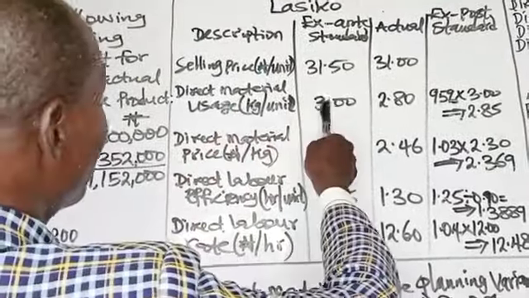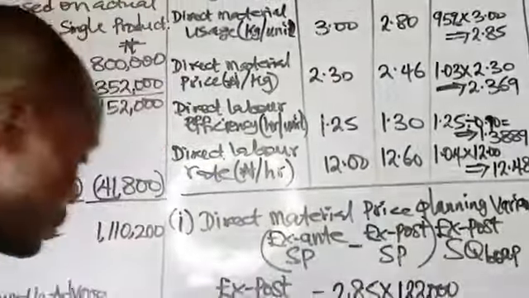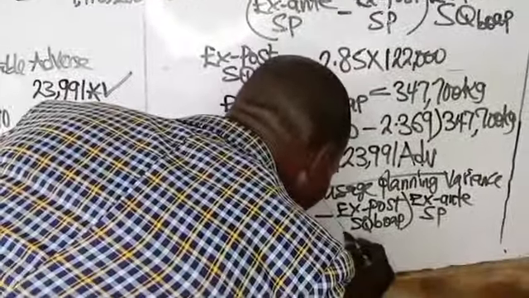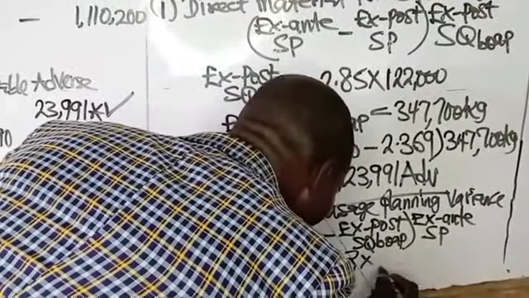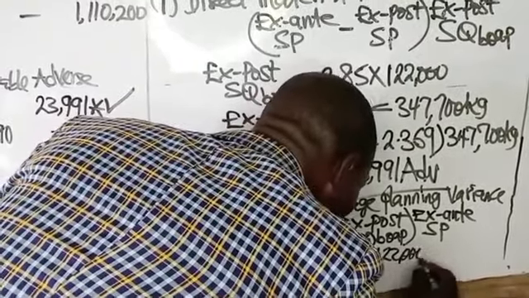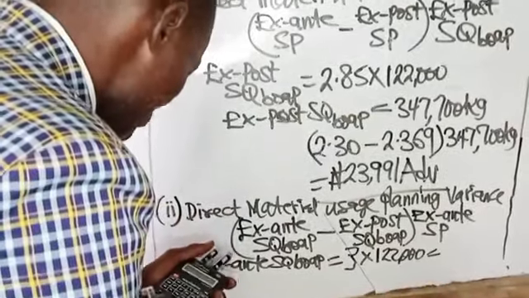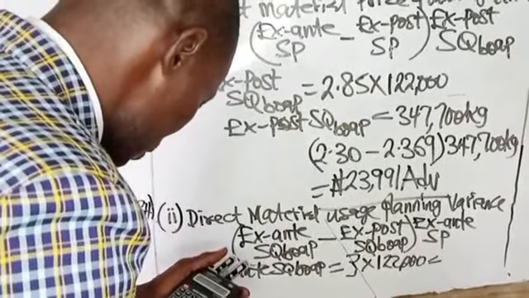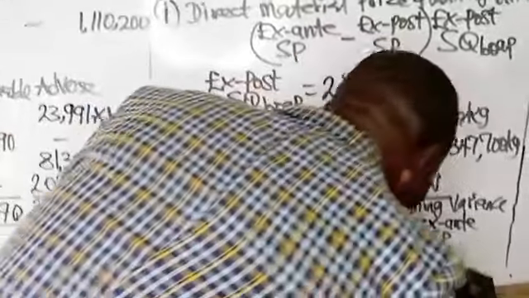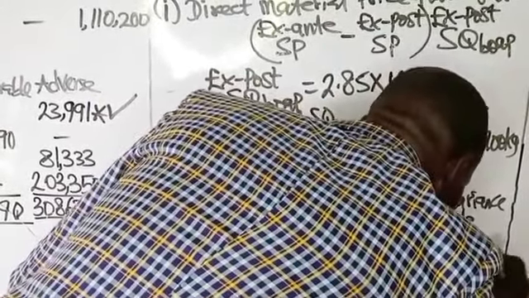Ex ante standard quantity is 3 kilograms per unit. So we have 3 based on actual production, and we said the units sold is the units produced, 122,000. So 3 times 122,000, then you have 366,000 kg.